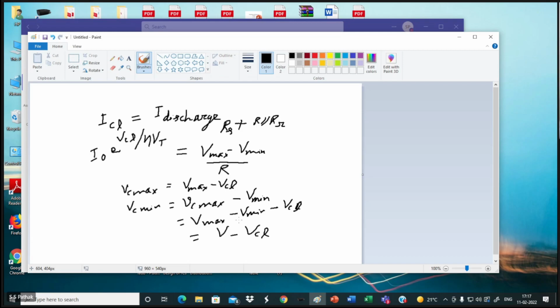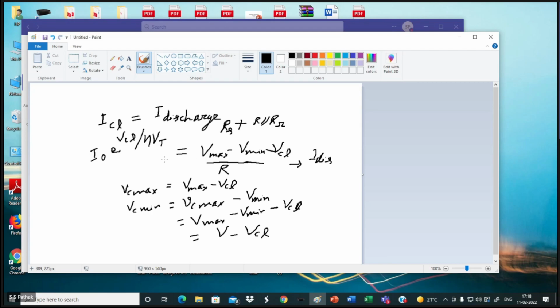So this difference is your V, and that difference divided by R. Okay, V max minus VCL divided by R is the discharge current, I discharge.